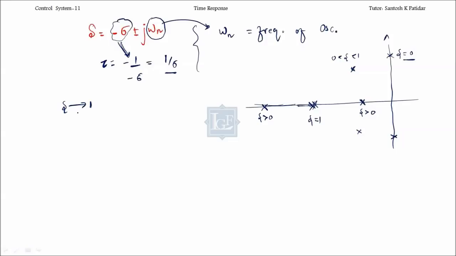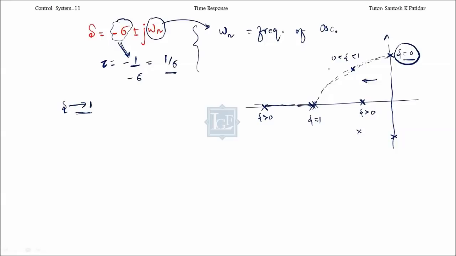When zeta moves up to 1, what is going to happen? Your poles are going away from the imaginary axis and close to the real axis. See, this is the path of your poles. At exactly zeta equal to 0, they are on the imaginary axis.